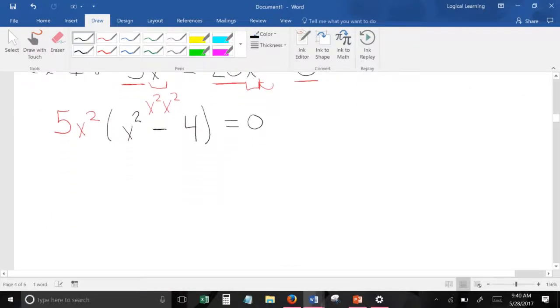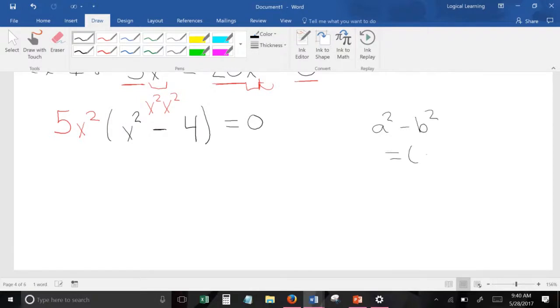Now, by the zero product property, we can set both of these equal to 0 to solve for x. But I want to point something out here first. This x squared minus 4 is a difference of squares, and that's when we have something that looks like a squared minus b squared. And we can factor that to a plus b times a minus b.